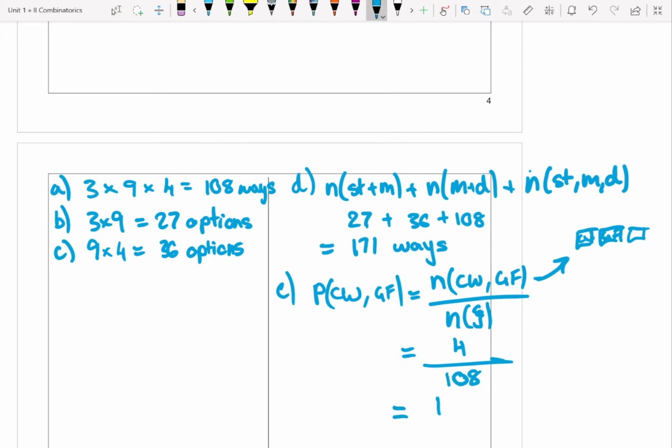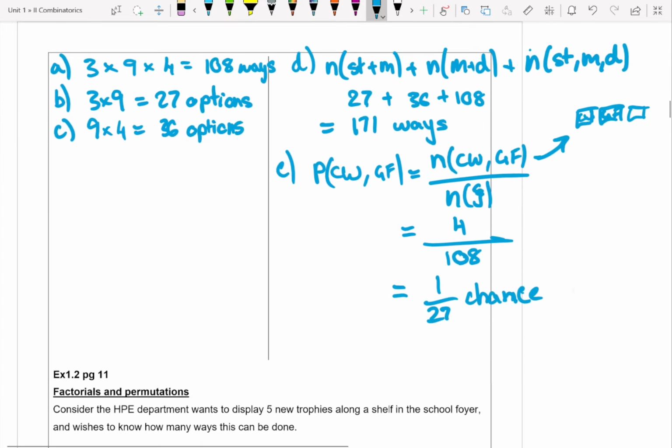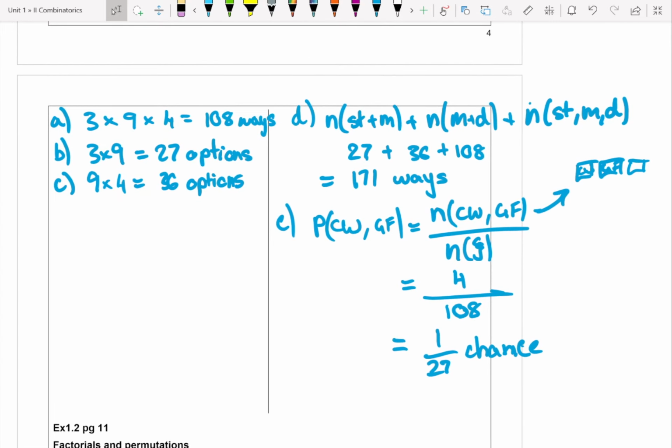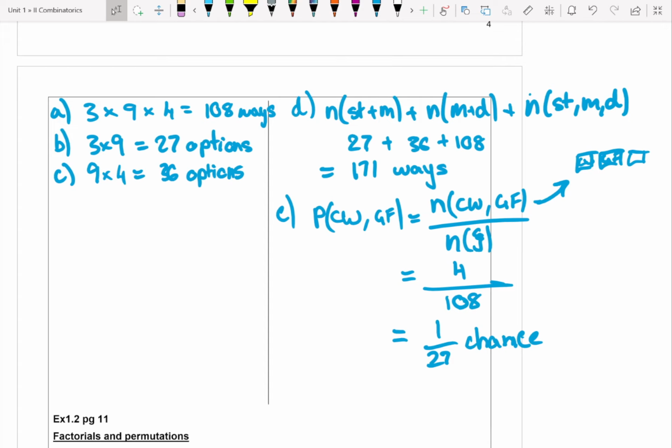So simplifying this out, we get there is a 1 in 27 chance. If you just blindly picked, like pointing at the menu with your eyes closed, there'd be a 1 in 27 chance that you would get chicken wings and grilled fish.